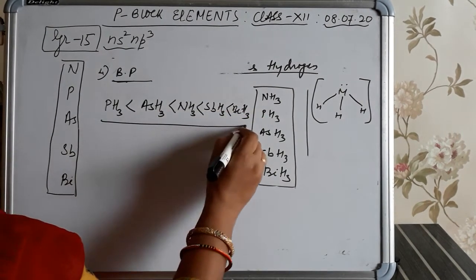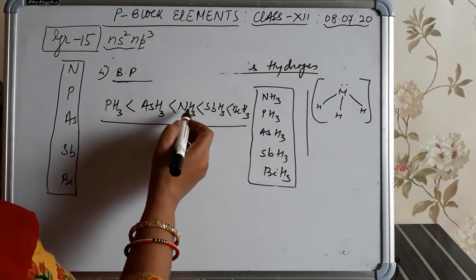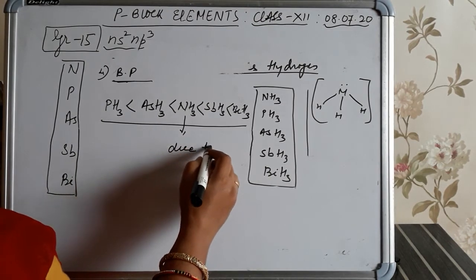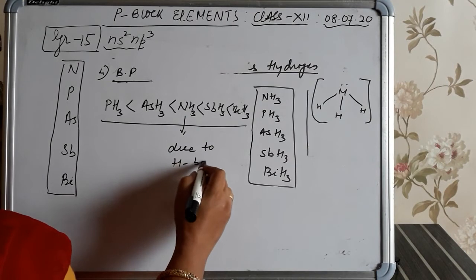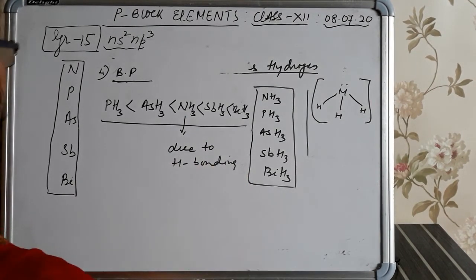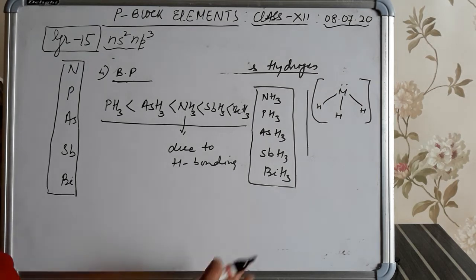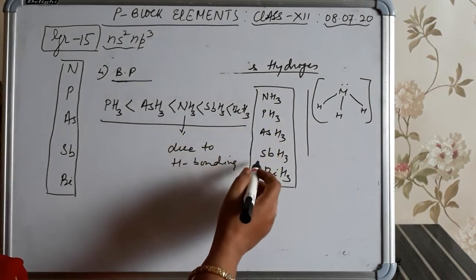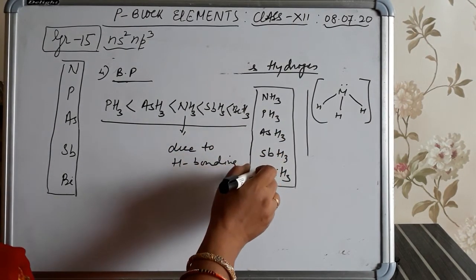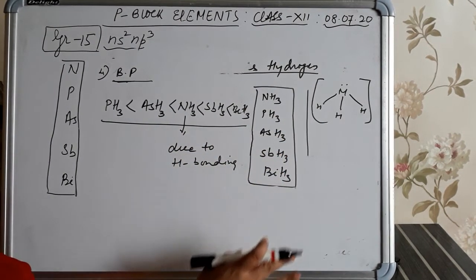The regular trend is slightly changed because the boiling point becomes high in ammonia due to H bonding. But the general trend is that the boiling point increases down the group because of the increase in van der Waals force of attraction.